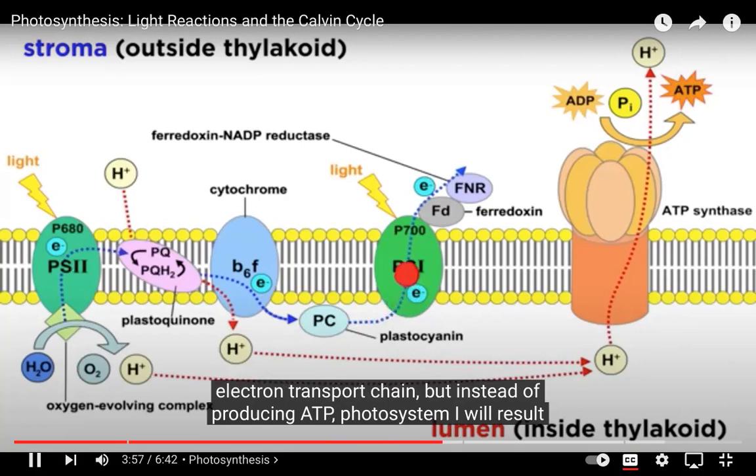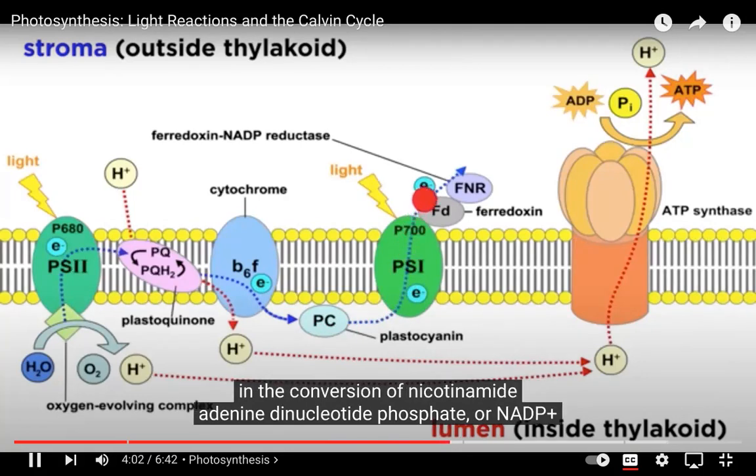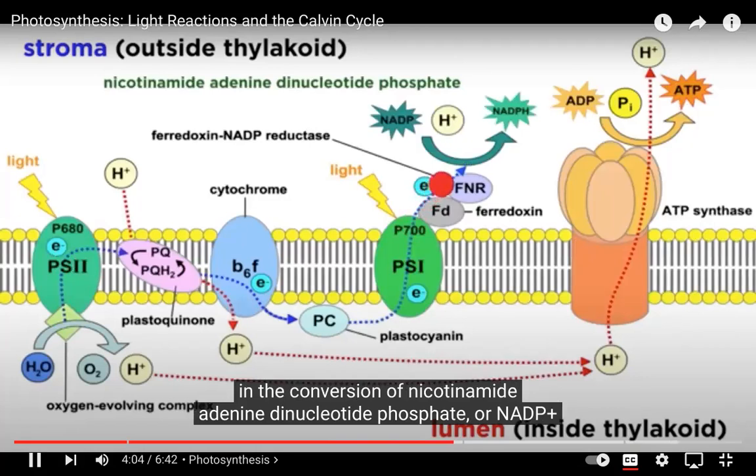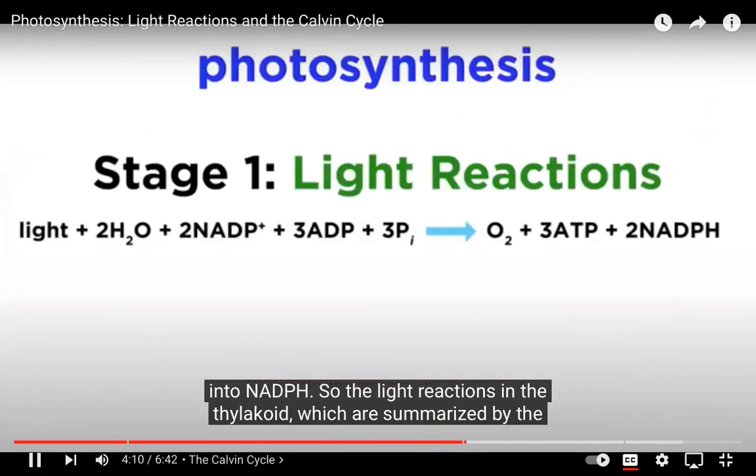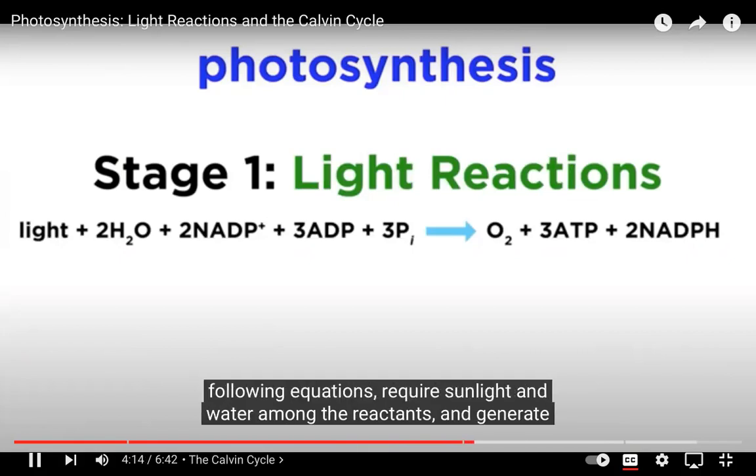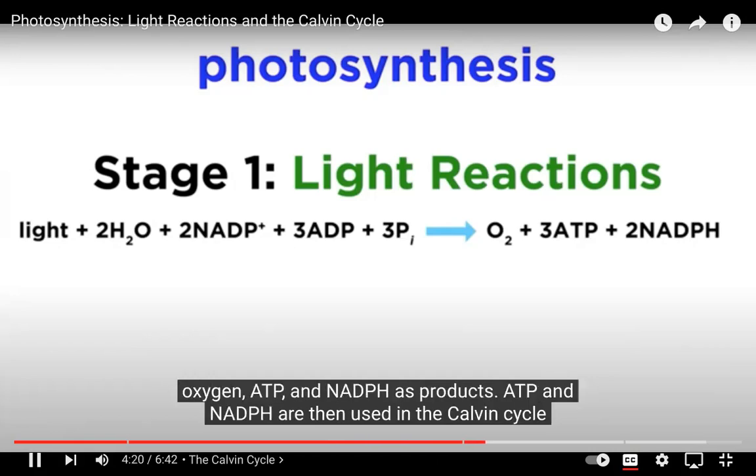But instead of producing ATP, photosystem 1 will result in the conversion of nicotinamide adenine dinucleotide phosphate, or NADP+, into NADPH. So the light reactions in the thylakoid, which are summarized by the following equations, require sunlight and water among the reactants and generate oxygen, ATP, and NADPH as products.